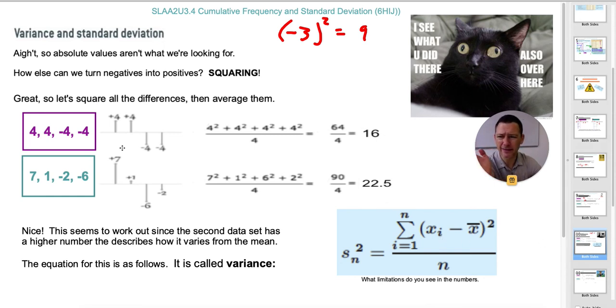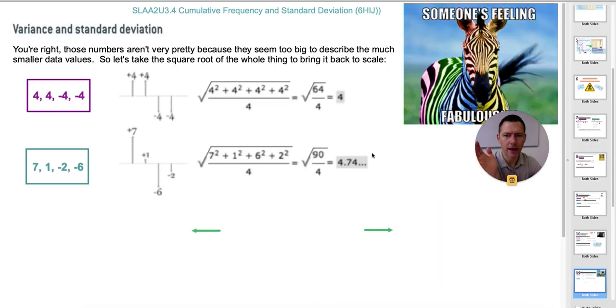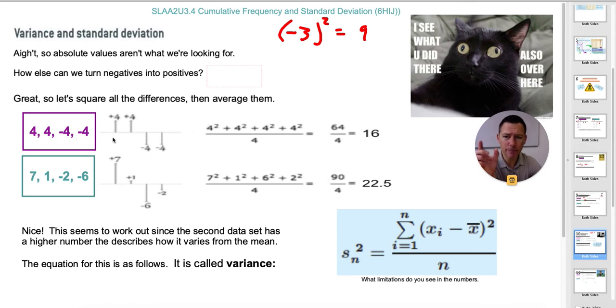These are too big. There's nothing 16 about this, and there's nothing 22 about this. So let's modify it a little bit to get it closer to how far off this is. If you took the square root of this 16, you get back to 4. And these are kind of like 4 off, right? And if you took the square root of this, it's a little more than 4, a little less than 5. On average, these are about 4 or 5 away from the mean.